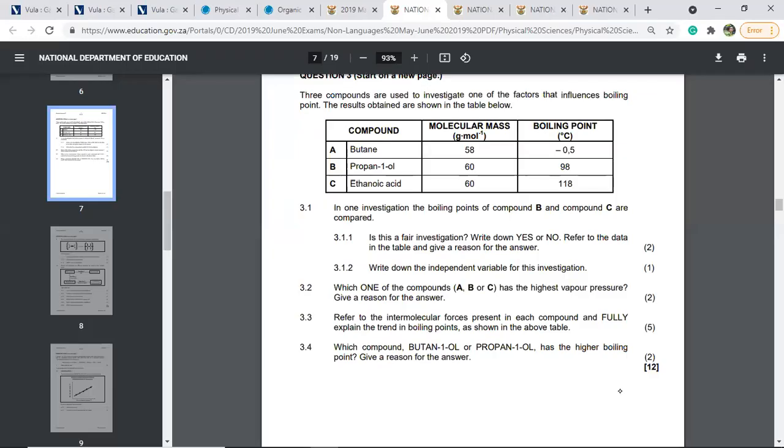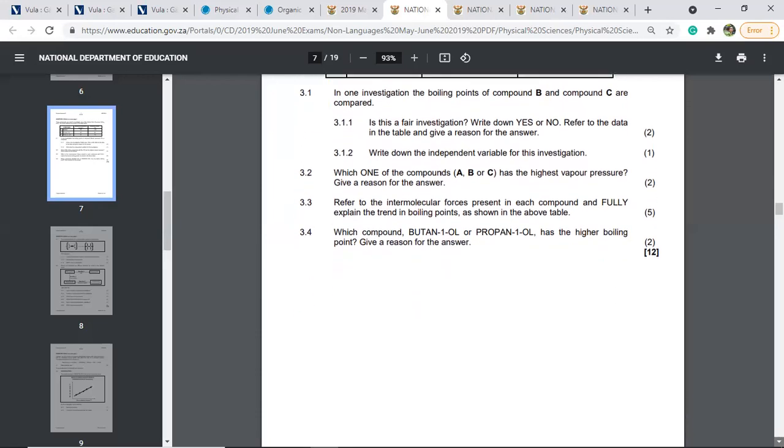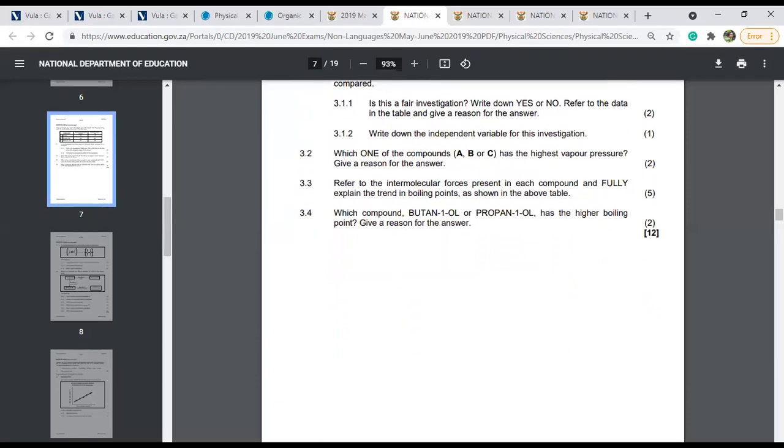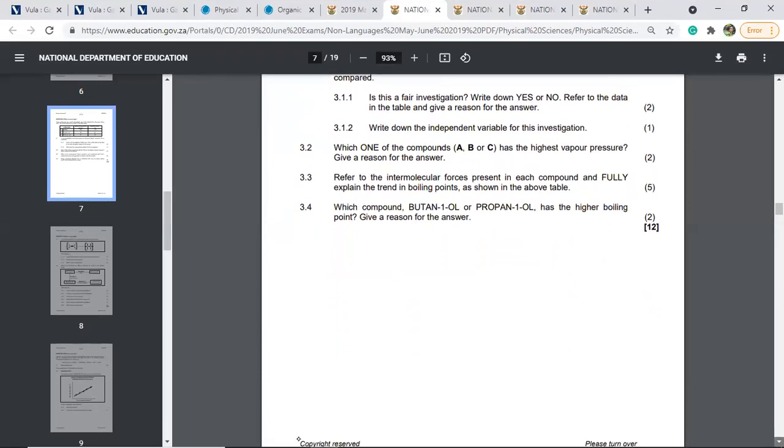And then 3.4 asks us, which compound, butan-1-ol or propan-1-ol, has the higher boiling point? Give a reason for your answer. The question is asking us to compare butan-1-ol and propan-1-ol.